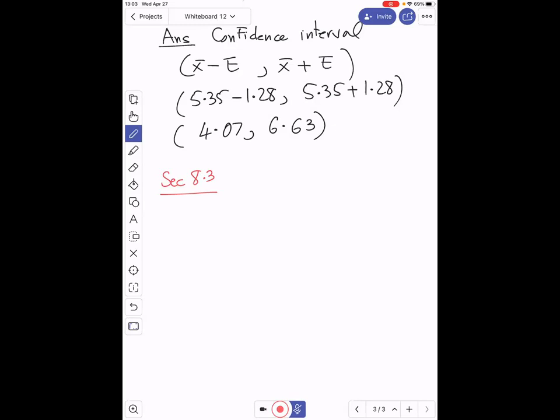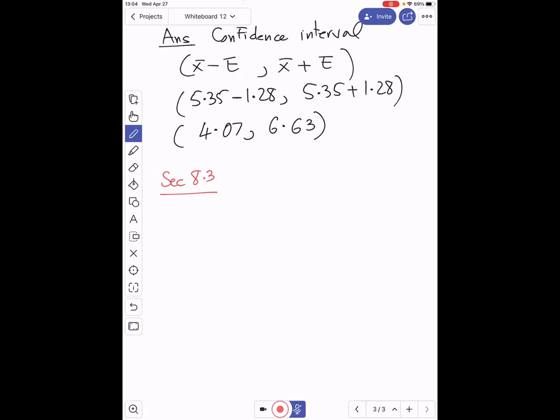So now the question is, what do we do if P is not given? We're going to find an estimation of this probability of success P, like what we did in 8.1 and 8.2, estimating the population mean mu.